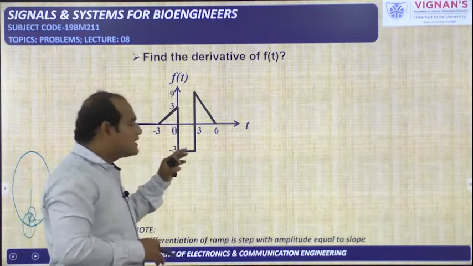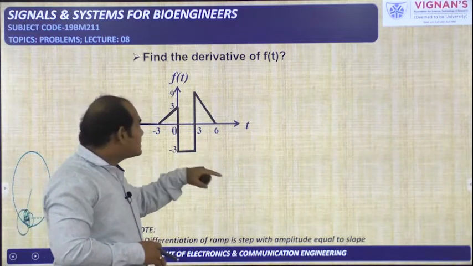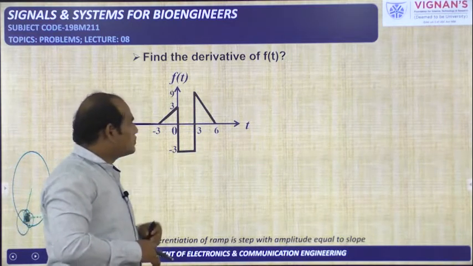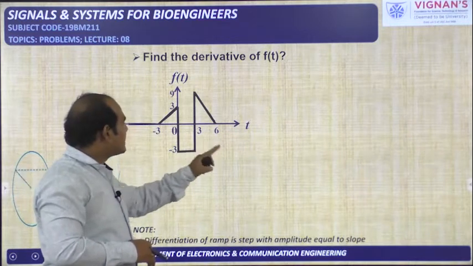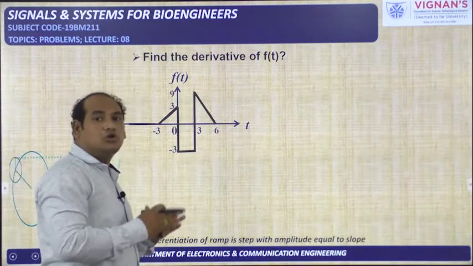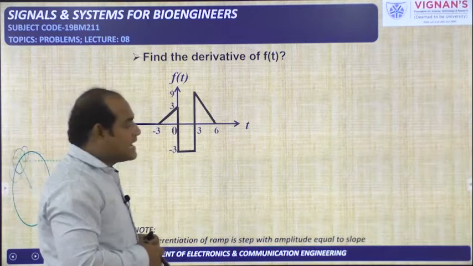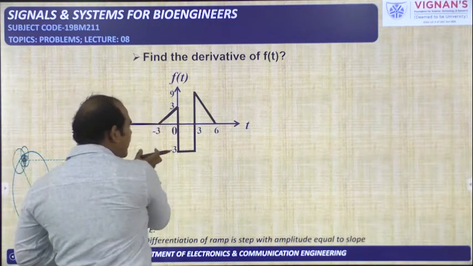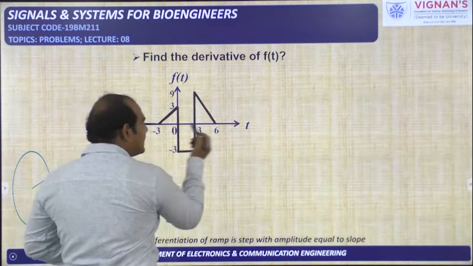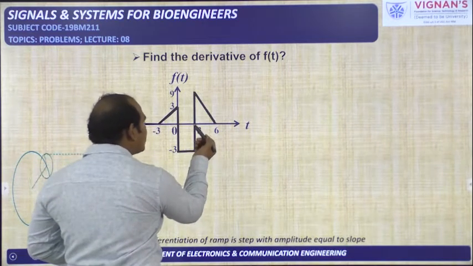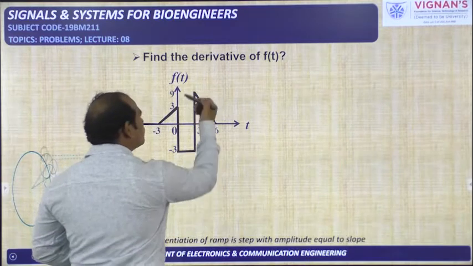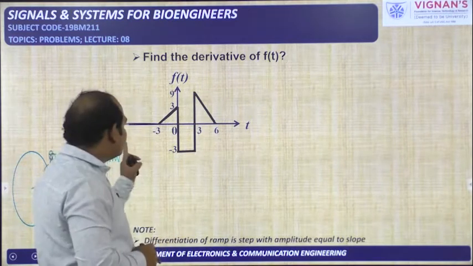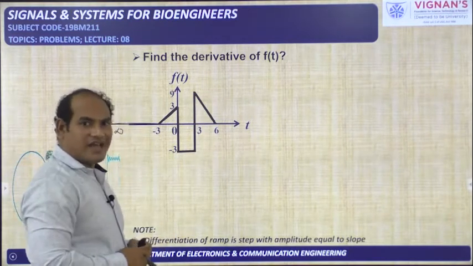What is happening exactly at t equal to 0 and at t equal to 3? Two discontinuities are available. At t equal to 0, the amplitude is changing from 3 to minus 3 suddenly, and at t equal to 3, the amplitude is changing from minus 3 to plus 9. In this way the amplitudes are varying.